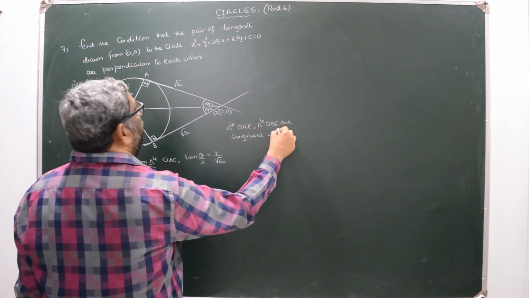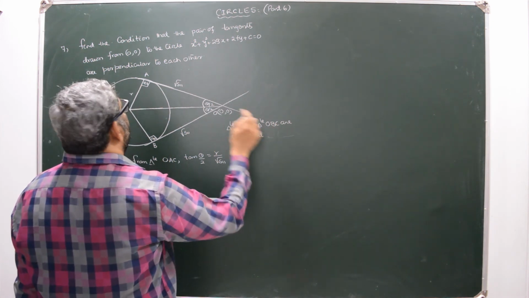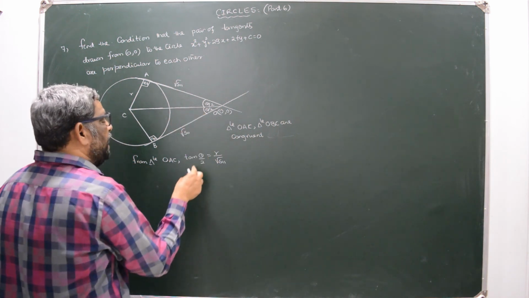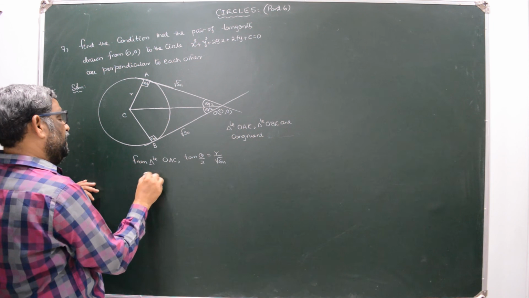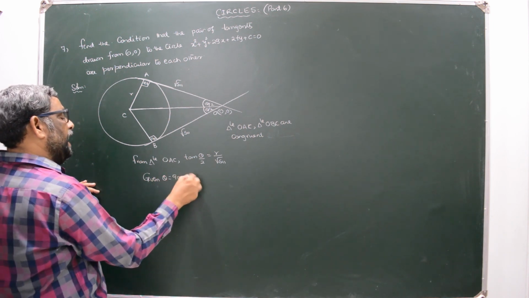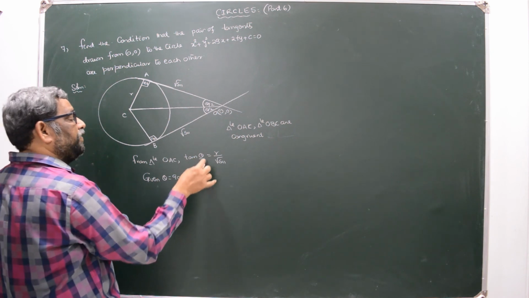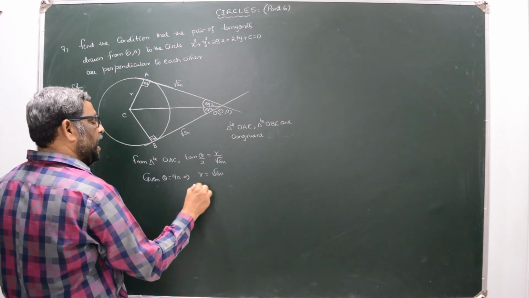So tan theta by 2 equals this. Given that they are perpendicular, given theta is equal to 90, implies theta by 2 is 45, tan 45 is 1, R is equal to root S11, implies R square is equal to S11.